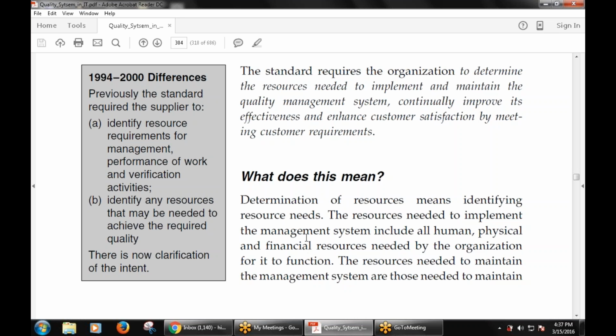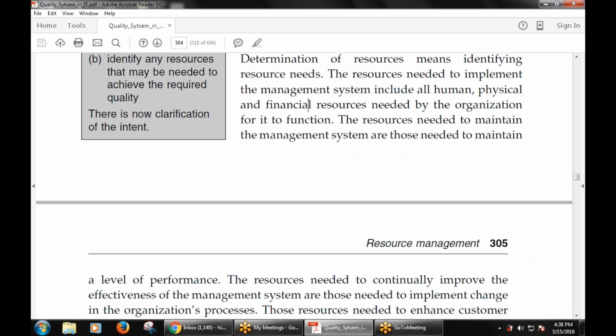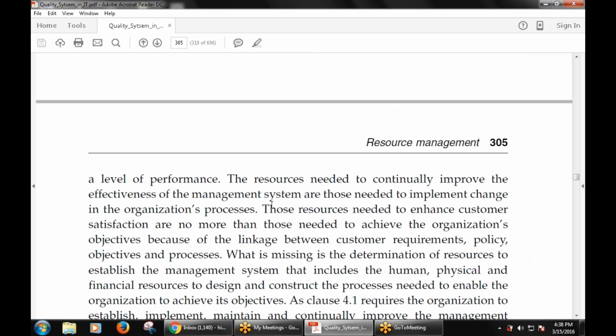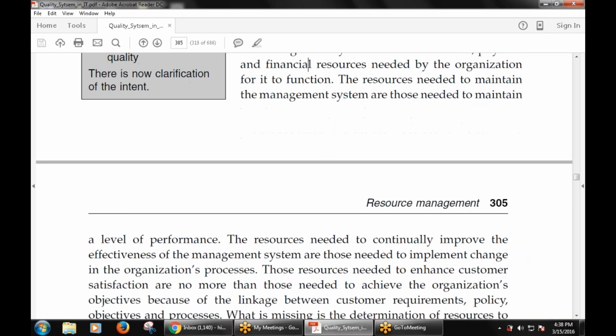And the resources needed to maintain the management system are those needed to maintain a level of performance.